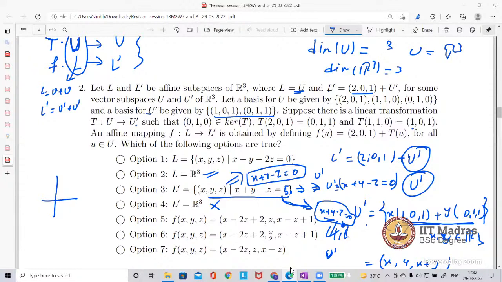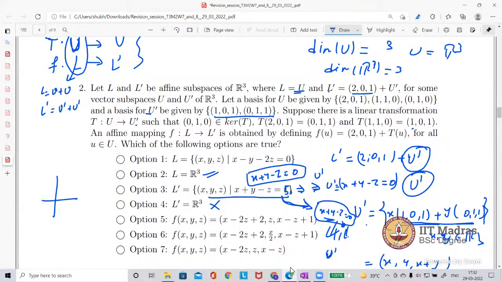To find the basis, you need the corresponding subspace, then you will find the basis, not for the affine. Affine is not a subspace. You have to find the corresponding subspace and then find the basis of that subspace, not exactly that L prime.